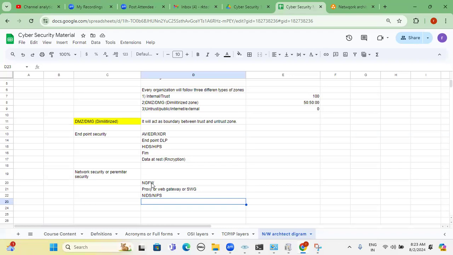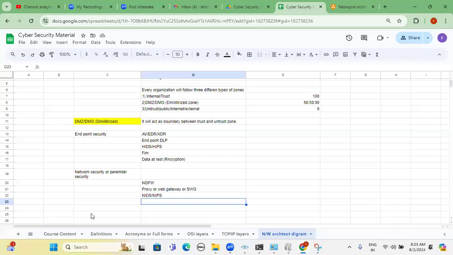What is meant by this defense in depth layer control? If the attack is bypassing one control, a second control or solution will come into the picture as a preventive mechanism. If the attack is bypassing the secondary solution also, a third security solution or third security control will come in as another layer. This layered approach we call the defense in depth layered approach.